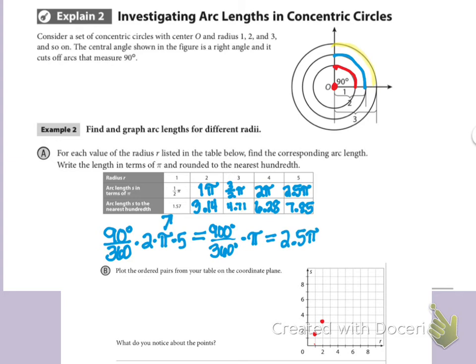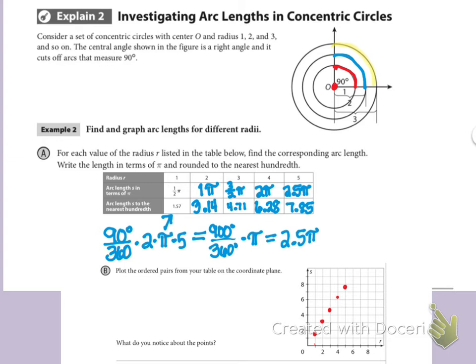And then the next one was 3 and 4.7. So over 3 and 4.7 would be maybe right there. And then the next one would be 4 and 6.28. And that would maybe put us right about there. And then 5, it's going to be at about 7.8 over 5 and up about 7.8, so close to 8.